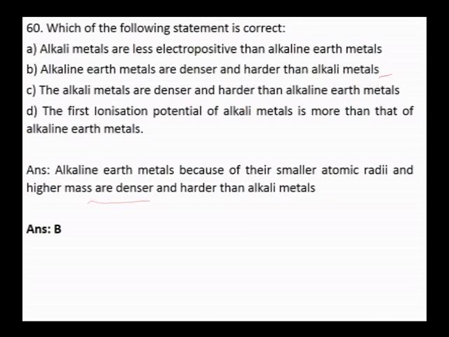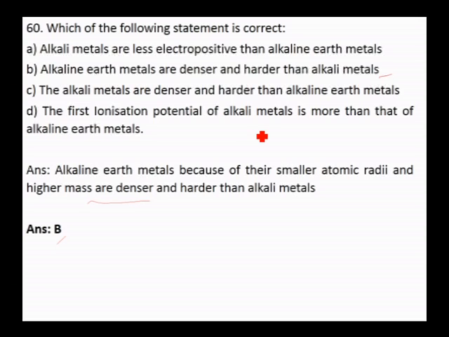The correct answer for this question, as I said, is option B, but when you look at option C and D, option C says alkali metals are denser and harder than alkaline earth metals, which is incorrect statement, and the first ionization potential of alkali metals is more than that of alkaline earth metals.